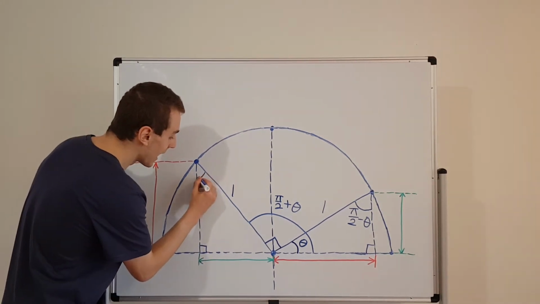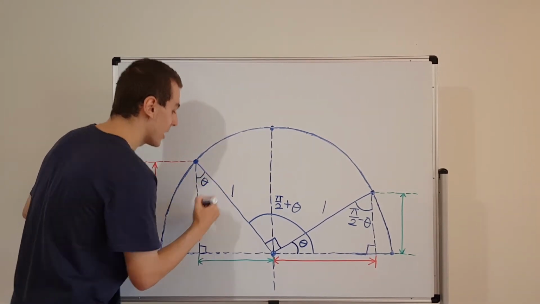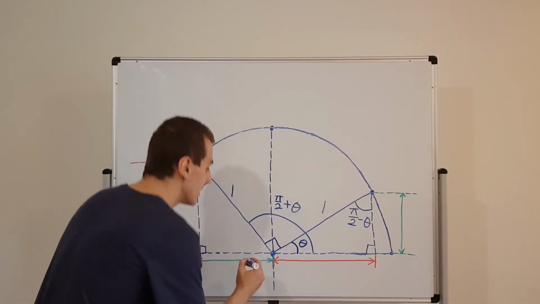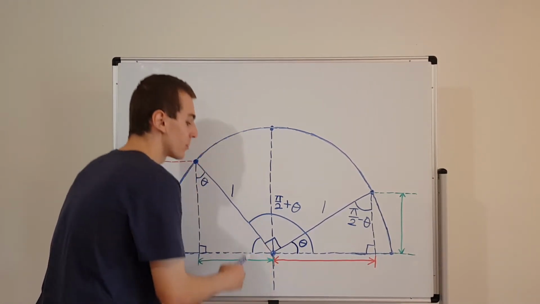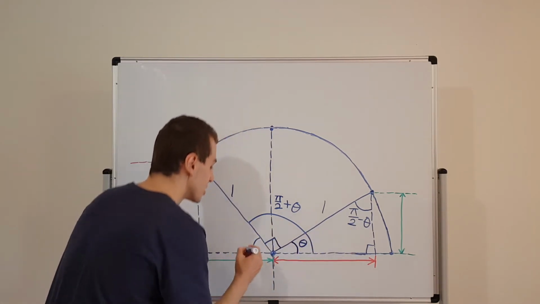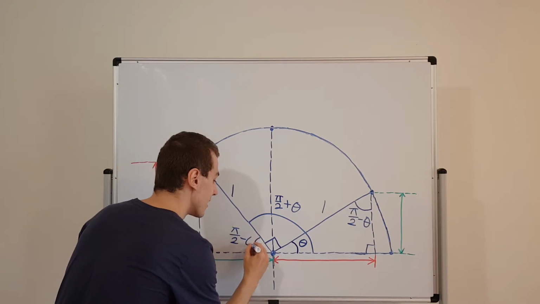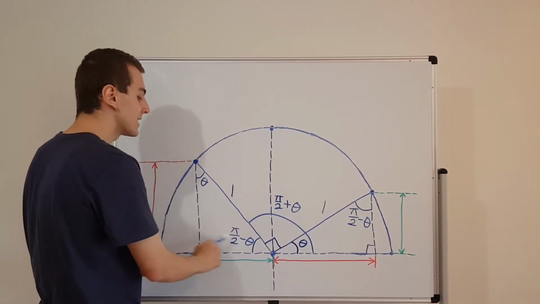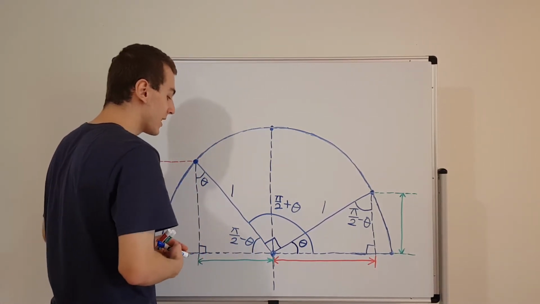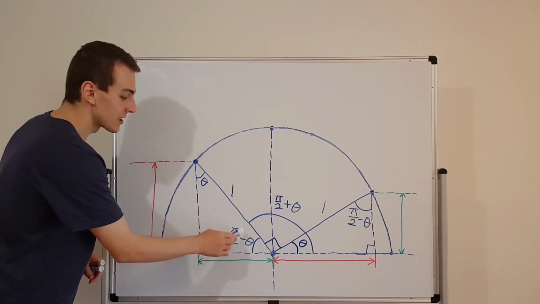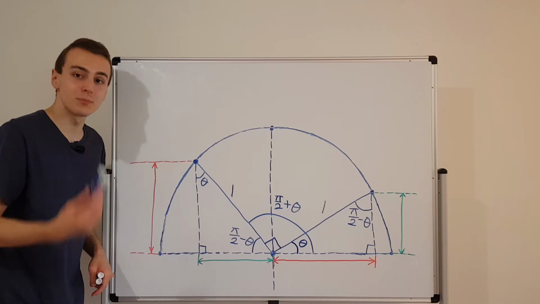This guy over here has to be theta. So then we have theta over here. And what about this guy over here? What is that equal to? Well, because the angles have been swapped, this has to be equivalent to this guy. So we have pi on 2 minus theta. And again, if we add these guys, we're going to get pi radians, so 180 degrees. This theta and this theta cancel, and we're just left with pi on 2 plus pi on 2, which is pi.